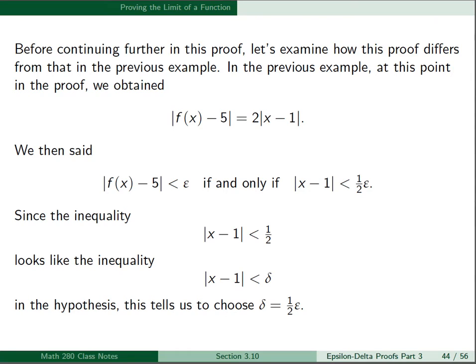Since the inequality, absolute value of x minus 1 less than 1/2 epsilon, so there's a typo in the video, it should be 1/2 epsilon, looks like the inequality absolute value of x minus 1 less than delta in the hypothesis, this tells us to choose delta equal to 1/2 epsilon.